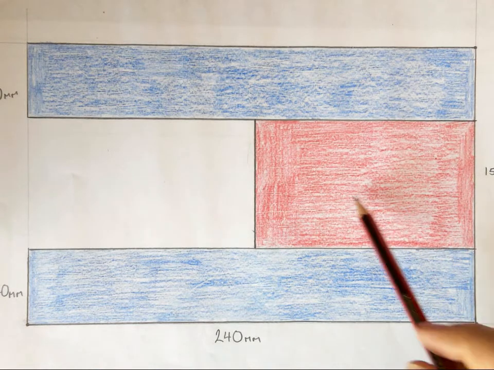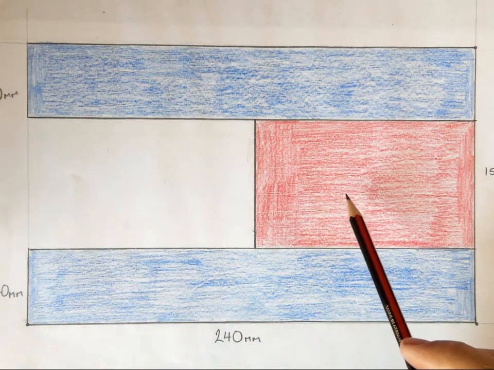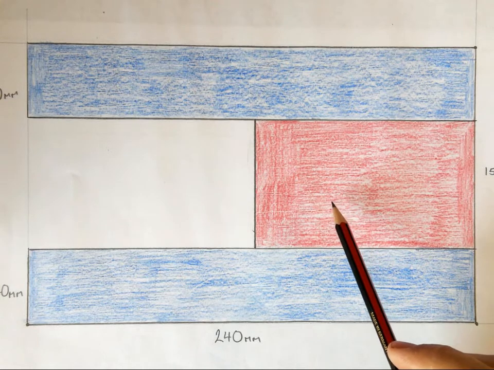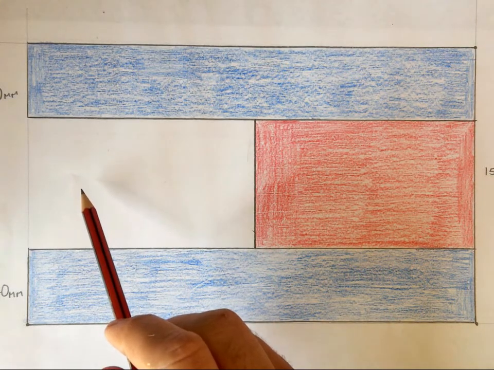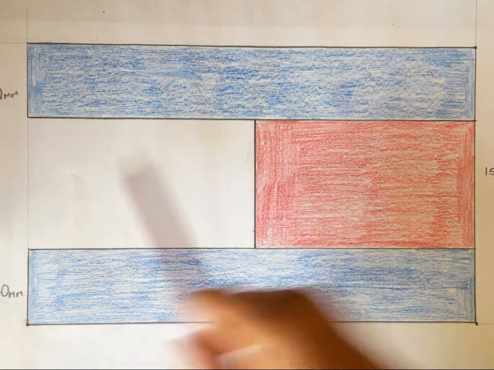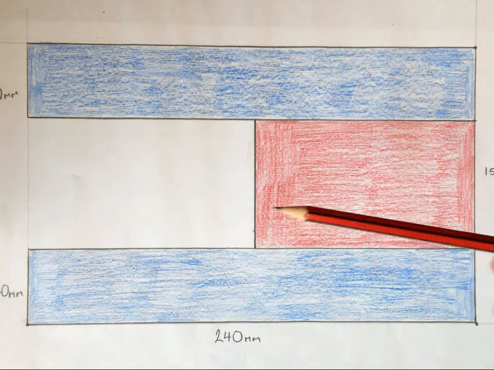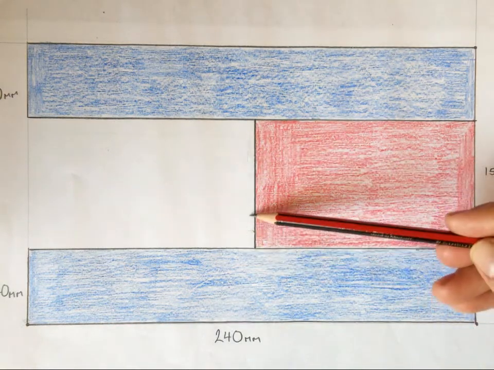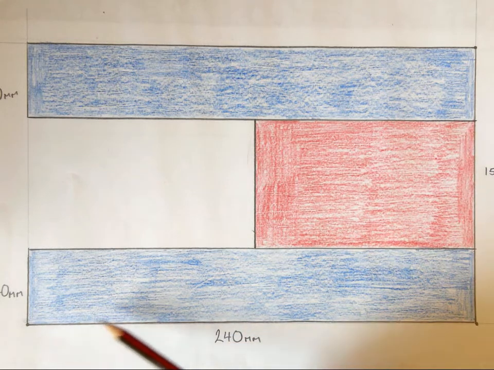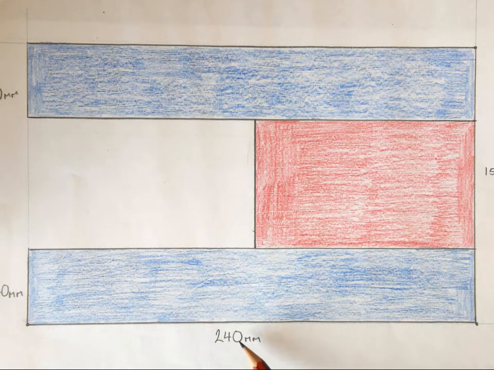Now, looking at this drawing, it looks to me to be symmetrical, meaning the left-hand side is a mirror image of the right-hand side. So this line is in the dead center of this horizontal line. So 240 divided by 2 gives me 120.